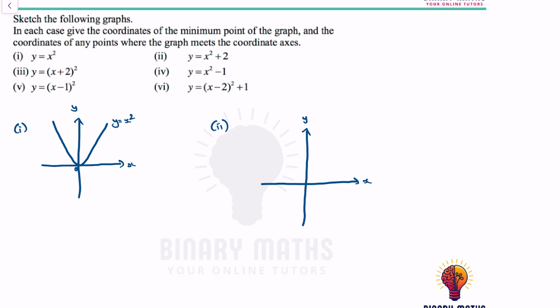So now it will be something like this. Need to make sure the vertex is on the y-axis. So this is y is equal to x squared plus 2, and it goes through the point 2. As long as you mention that, that is enough. If you want to be a bit extra, you can write 0, 0. You can write 0, 2 if you want.